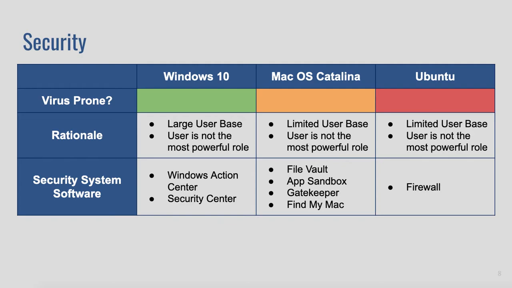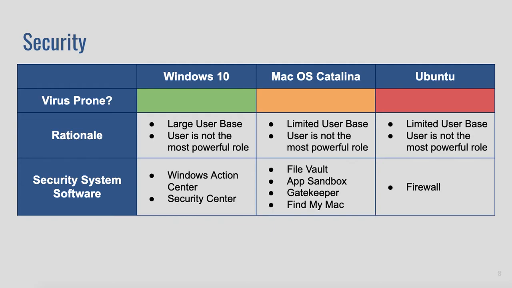So if we're saying that Windows 10 is one of the most widely used operating systems in the world, then people that are maliciously developing software like viruses would intentionally create them for Windows 10 because of how many people are using it. Because macOS Catalina slightly less people are using, because it's really limited to people that have an Apple device, they're less likely to have a virus created for that operating system.